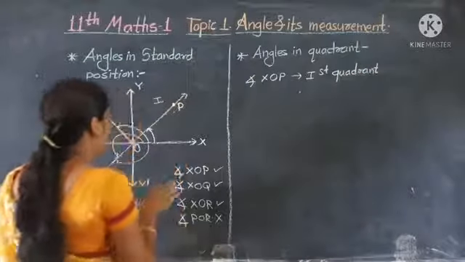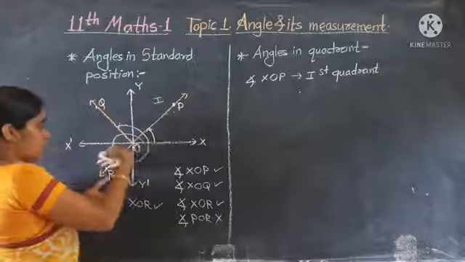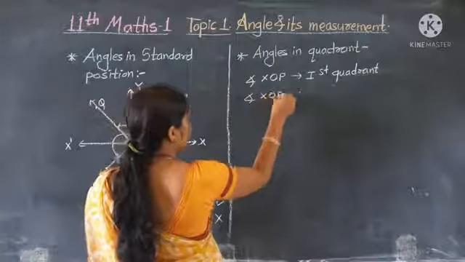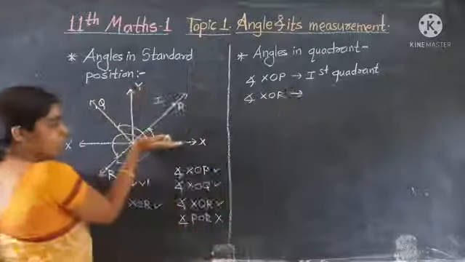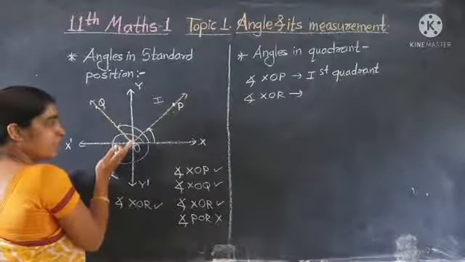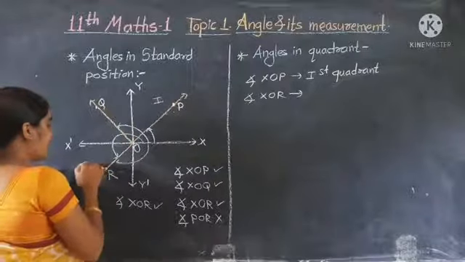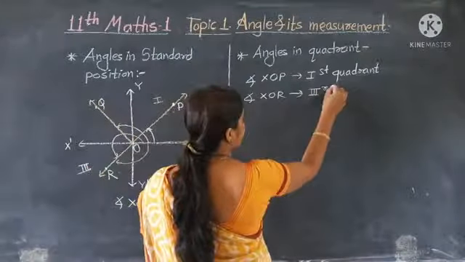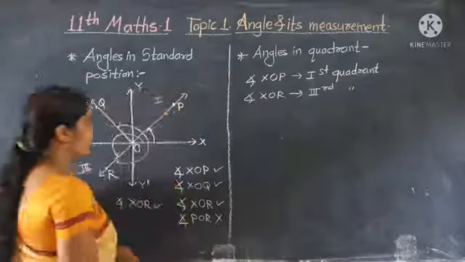Then directed angle XOR. See, this is the directed angle XOR. Initial arm is OX and final arm is OR. OR lies in third quadrant. So it lies in third quadrant. Okay.